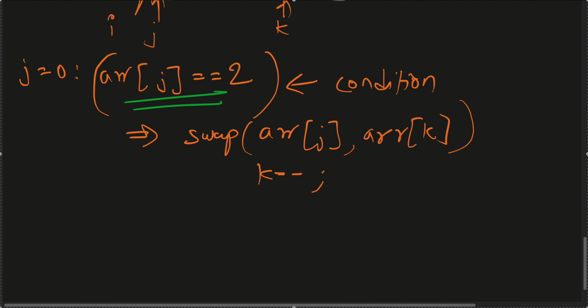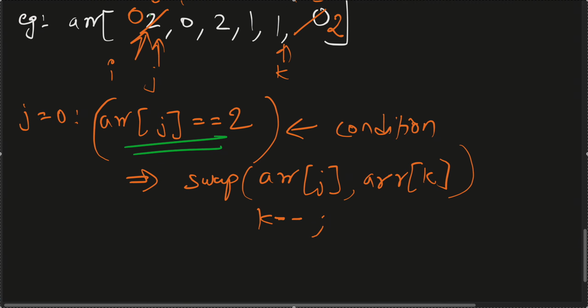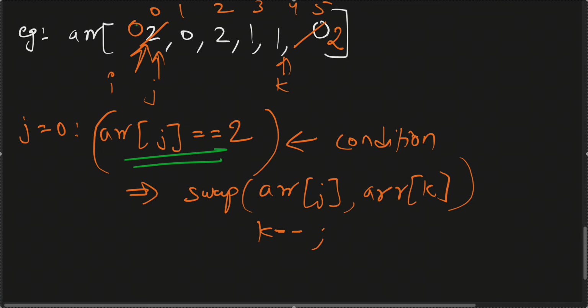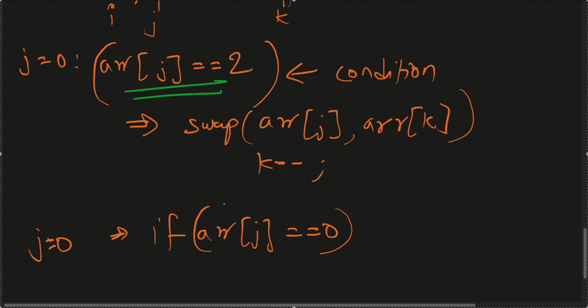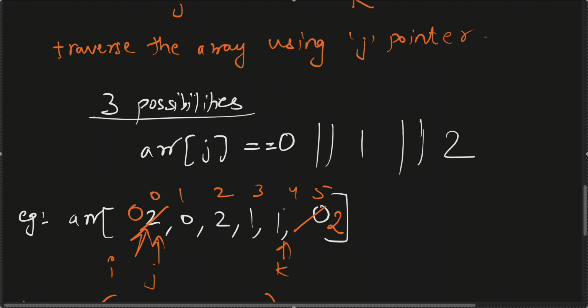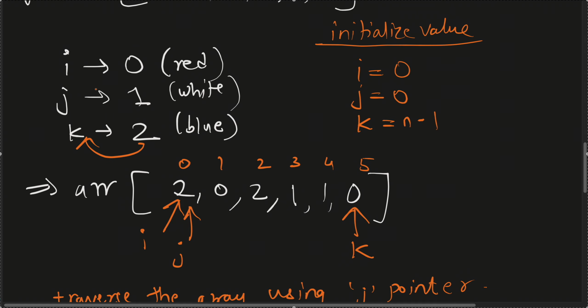Now again we will see, because we have changed our array of j value. Now at j equal to 0, what is there? Array of j is 0. So if array of j is 0, then which pointer represents 0?